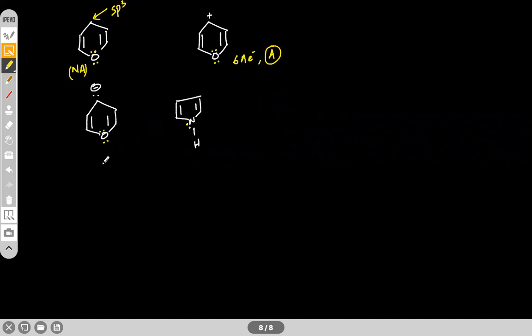Okay. This one, if you see, 2, 4, 6, 8, 8 pi electrons, it is anti-aromatic in nature. This one has 2, 4, 6, 6 pi electrons, it is aromatic in nature.